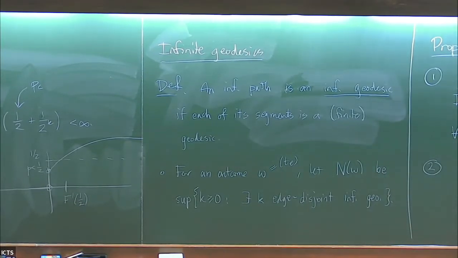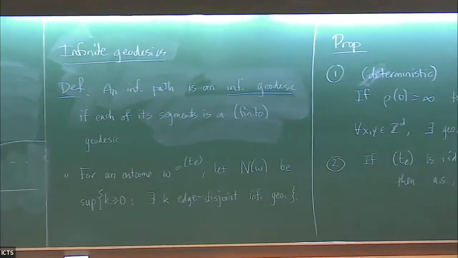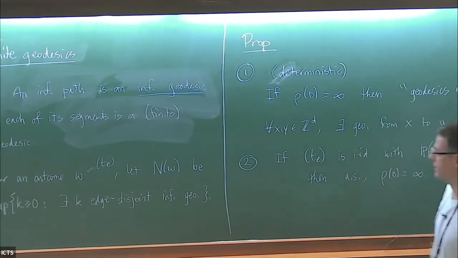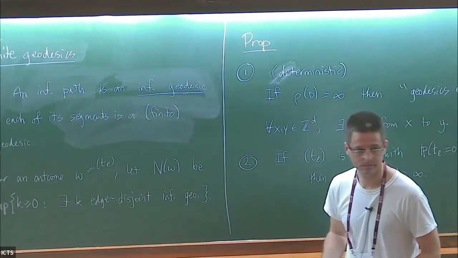Okay, so looking at your passage time configuration, find as many edge disjoint infinite geodesics as humanly possible, and that is n.